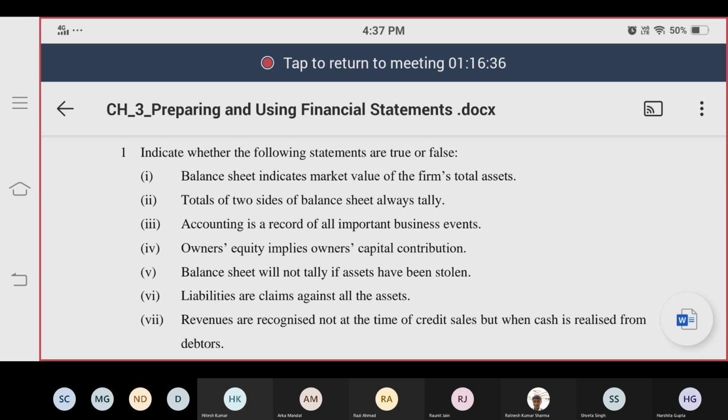We cannot record it. So many business events. Suppose the CEO of a company dies, he retires, someone else comes in. This is an important business event, but we cannot record it unless it is in money terms. Okay, Arka, this is called the money measurement. Okay, Arka? Yes, ma'am.